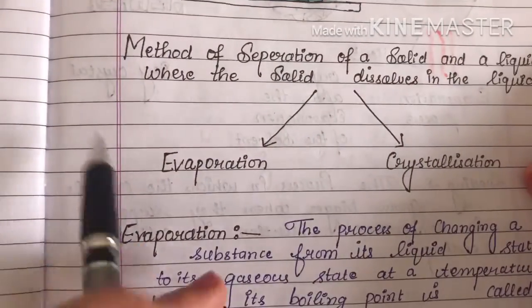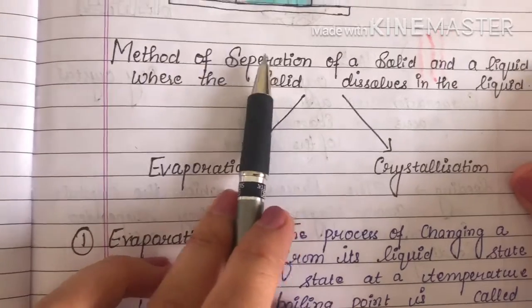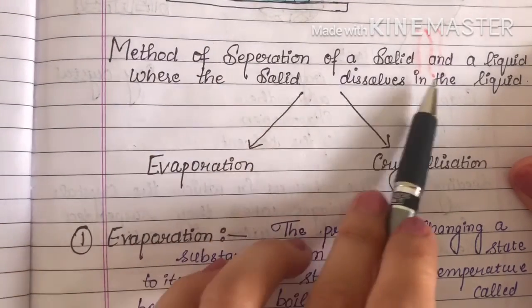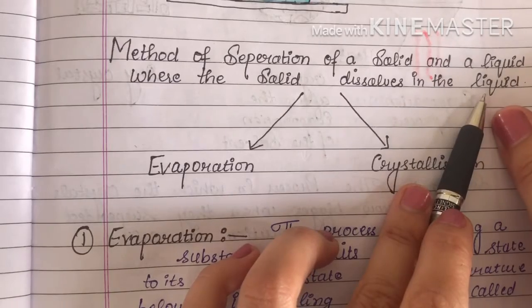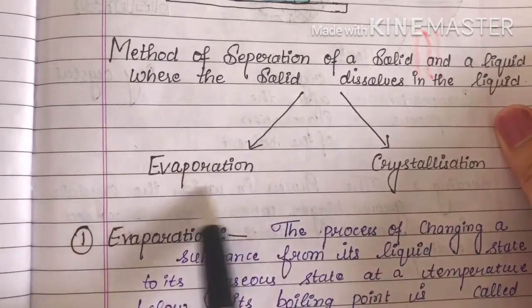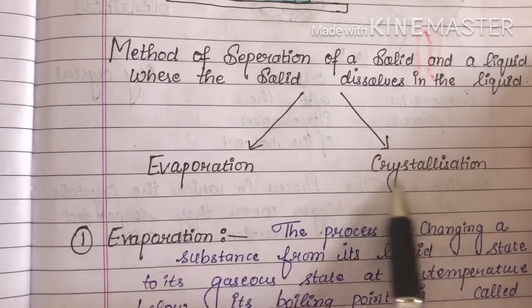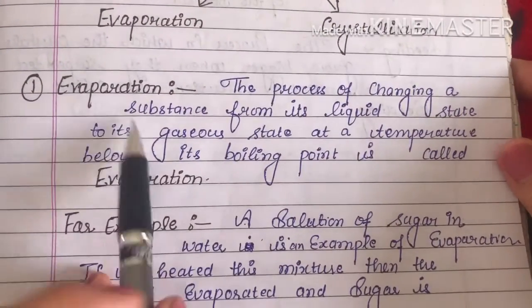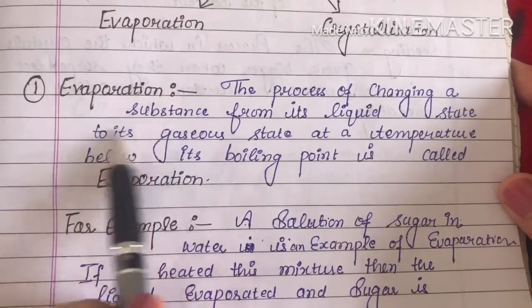Next is the method of separation of a solid and a liquid where the solid is dissolved in the liquid. This can be done with the help of evaporation and crystallization. Firstly, we will discuss evaporation. What is evaporation?